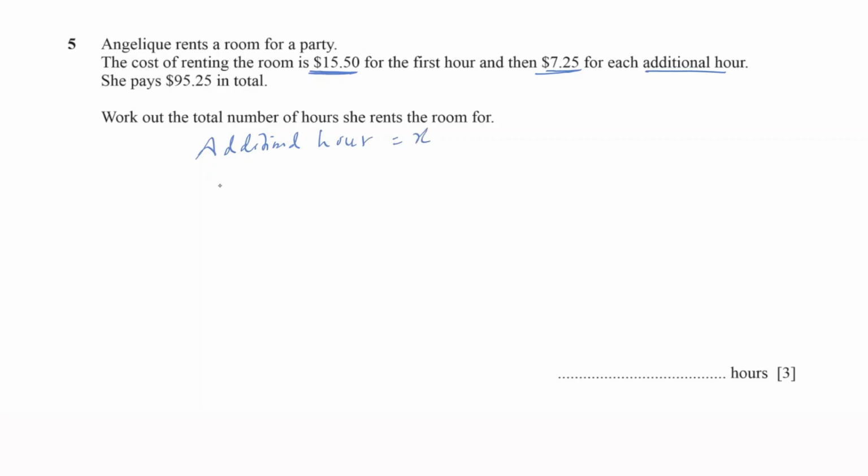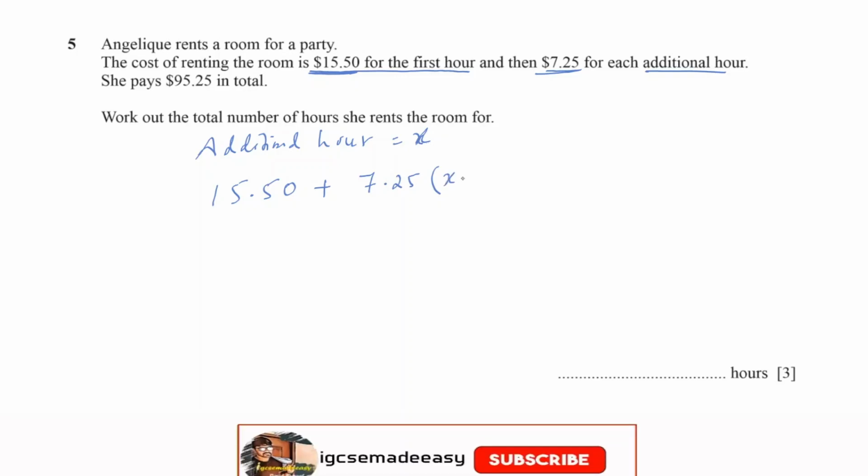First she is renting for the first hour, right? The cost of renting the room for the first hour is 15.50 plus 7.25 for the additional hours. I have written the additional hours as x.